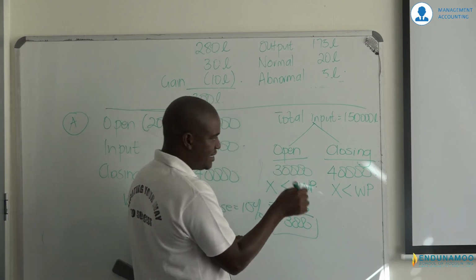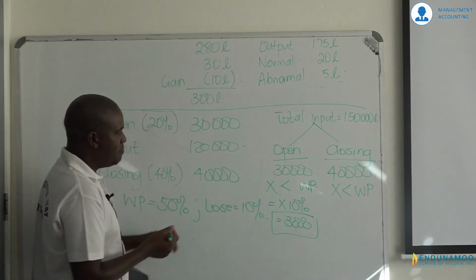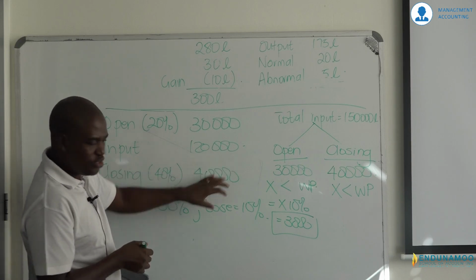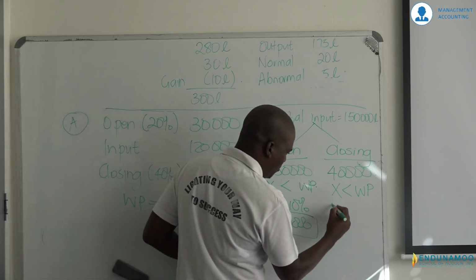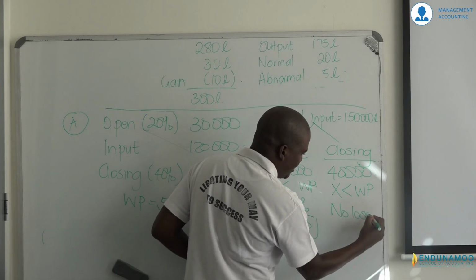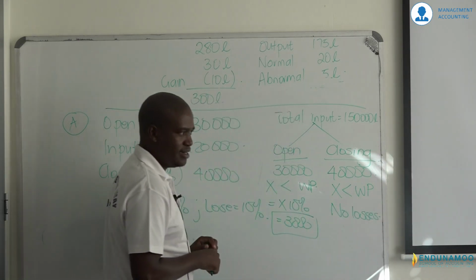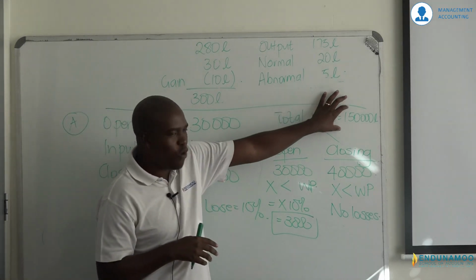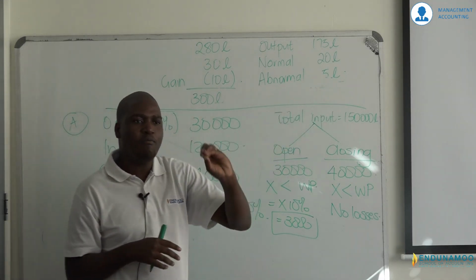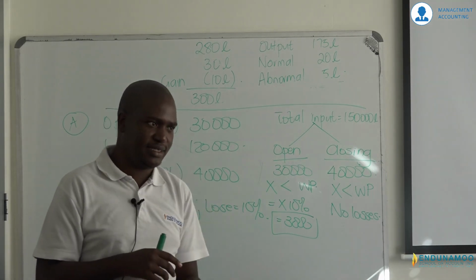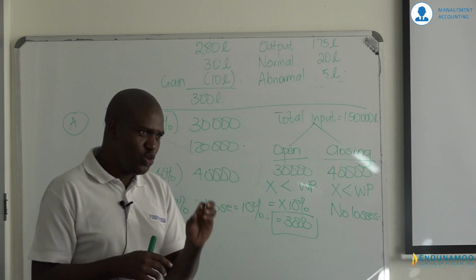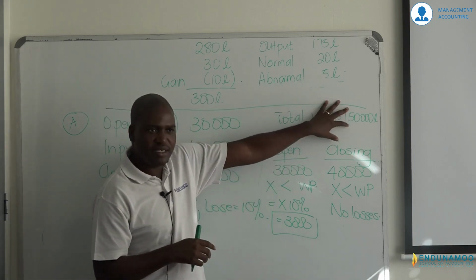So if closing is less than the wastage point, will it have any losses? No. So there'll be no losses regarding closing altogether. So out of your input of 150, how much will be subject to losses? Do you understand the question? So you put in 150, right?